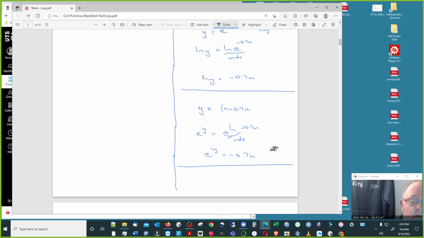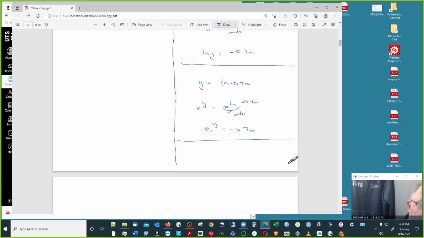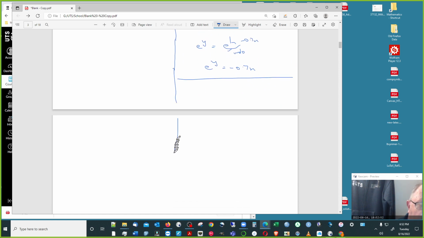So where the log laws come in, sometimes you'll strike an example using your log laws, where now we're talking really about log laws rather than about e and ln.